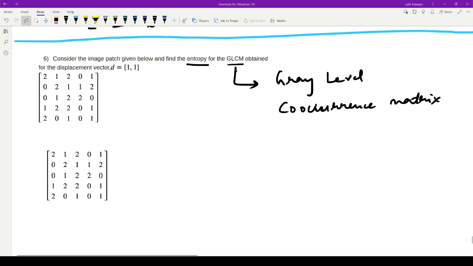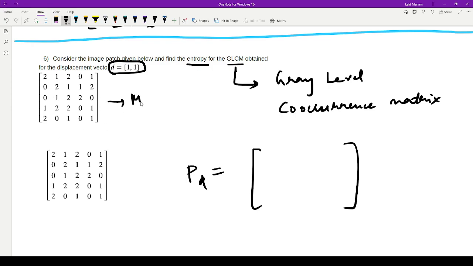Okay, given this, what is it that we need to do? We are given this displacement vector, right? This displacement vector is (1, 1). And what we need to find is some matrix which looks like this, P_D. What is the minimum intensity value? 0, and maximum? 2.